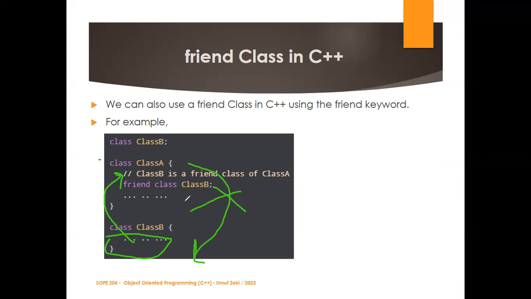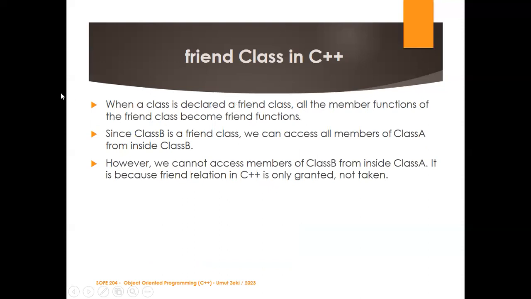Because class B is a friend of class A, but class A is not a friend of class B. So this is a one-side relationship. So we can access all members of class A from inside class B, but we cannot access members of class B from inside class A.